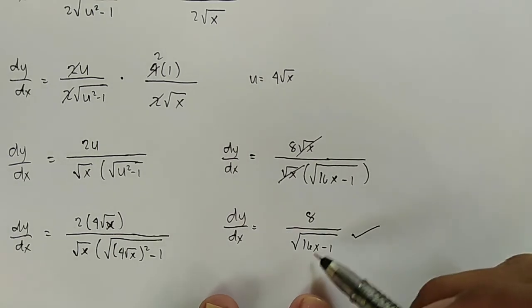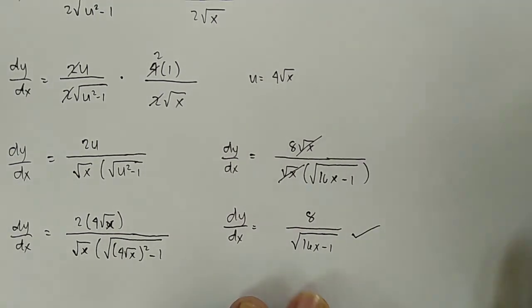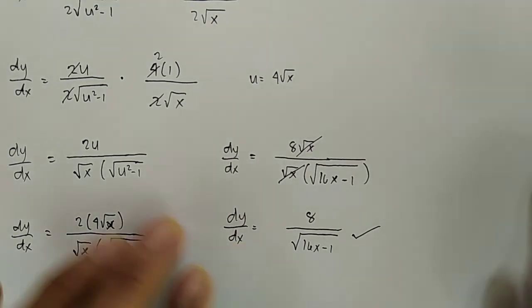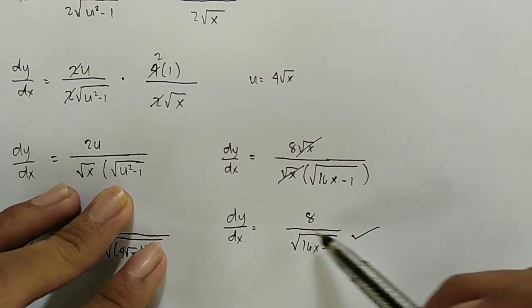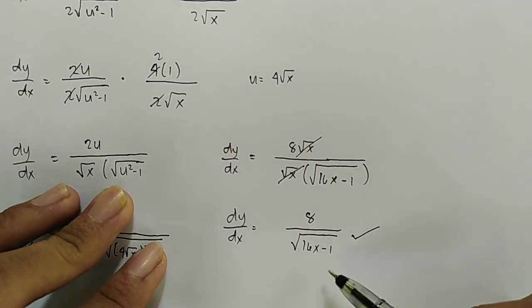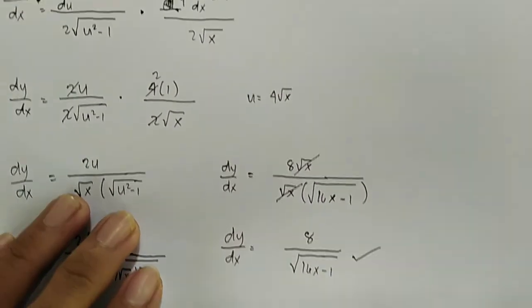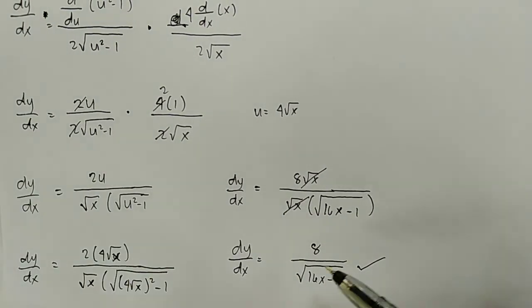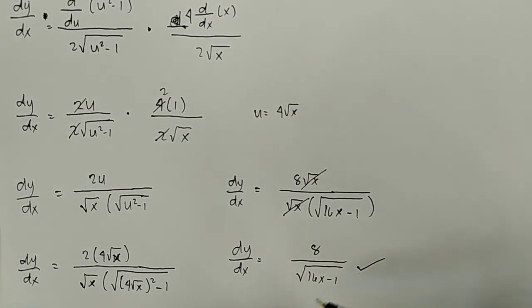So ang derivative ng given function ay equal to 8 over square root of 16x minus 1 using the chain rule.